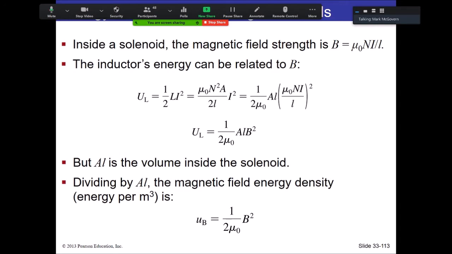It just says that there's energy density as a result of there being a magnetic field. I know we derived this for inductors, but there's nothing inherent about this that says that it's an inductor. It's just basically the space that exists, has a magnetic field and therefore stores energy.